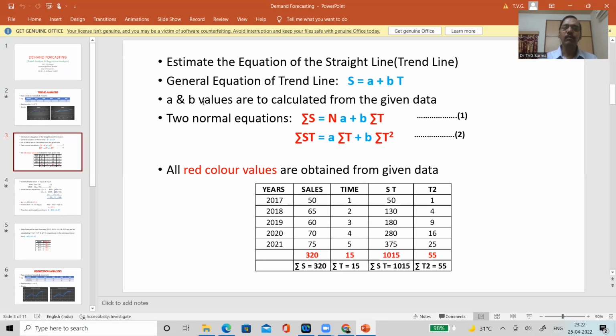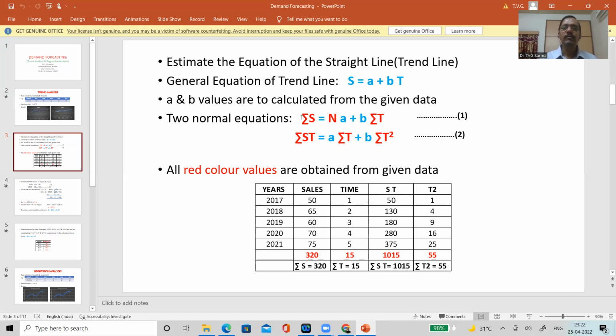Now, in order to calculate the values of A and B, we have what we call two normal equations. We don't have to remember any formula for calculating the values of A and B. We just write these two equations, solve them, and get the values of A and B. Now, what are these equations?